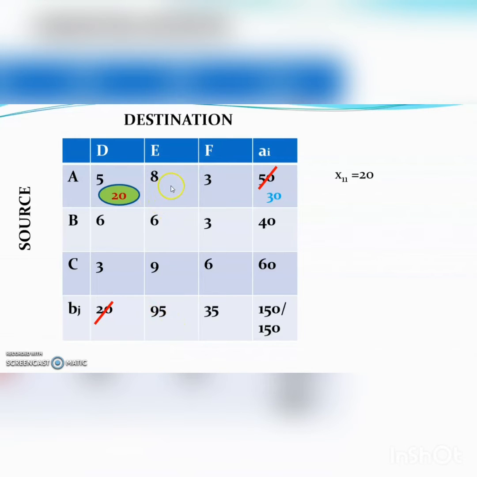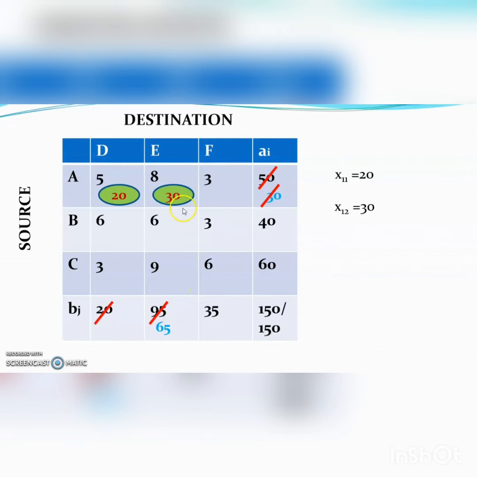So we can allocate here only 30 units, and the value of the decision variable x12 is 30. Here the availability at origin A is exhausted and the requirement of destination E is reduced to 65.